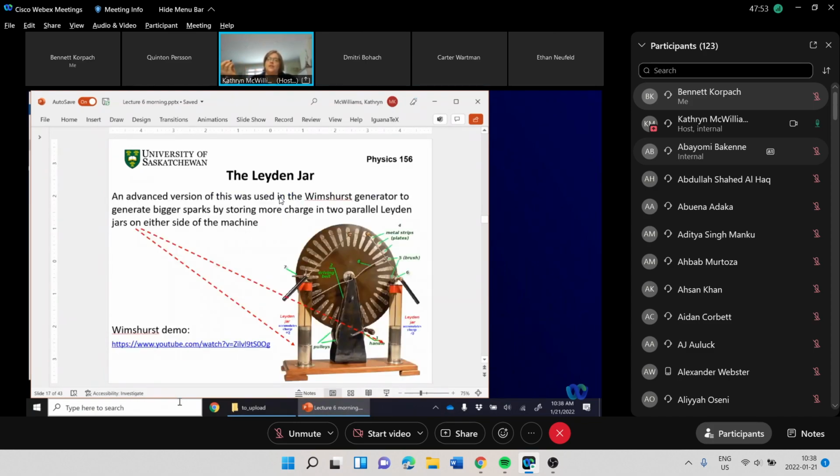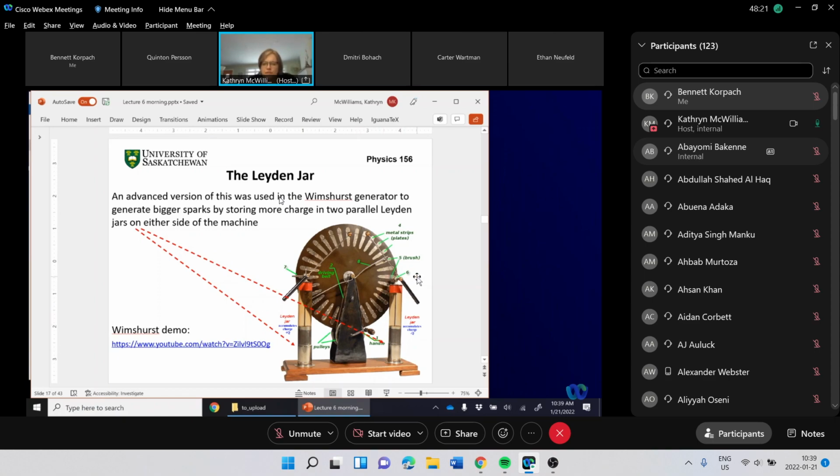So with this Leyden jar, they were able to use friction, static electricity. Remember we talked about how you could rub two objects together like a balloon in your hair or the glass rod and the silk cloth, and you could separate charges that way. They were able to separate charges and hold them in these jars, which seems quite literally holding charge. But this Wimshurst machine is a way that you can do that.